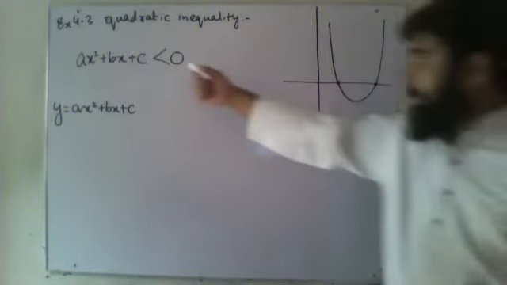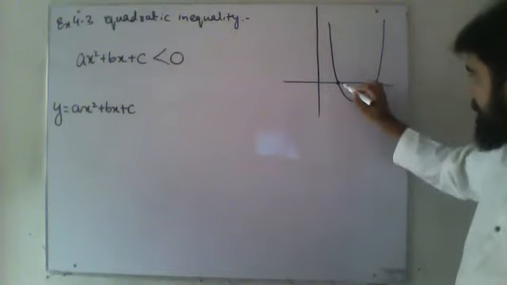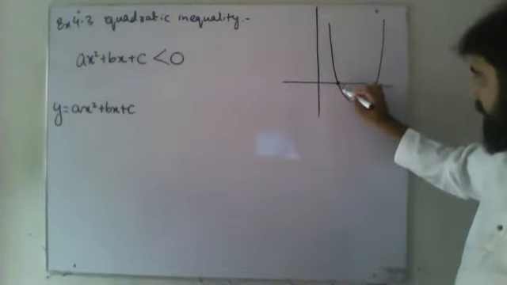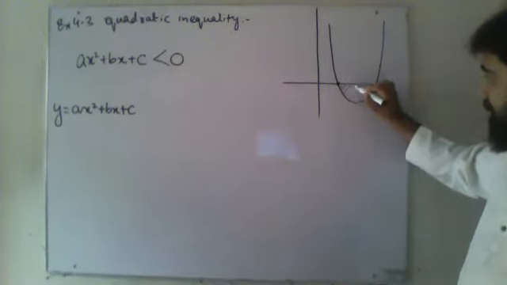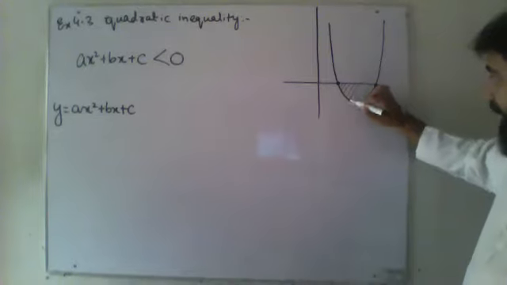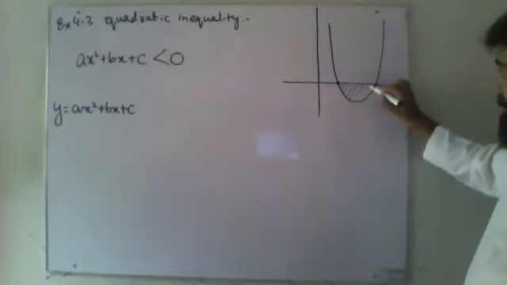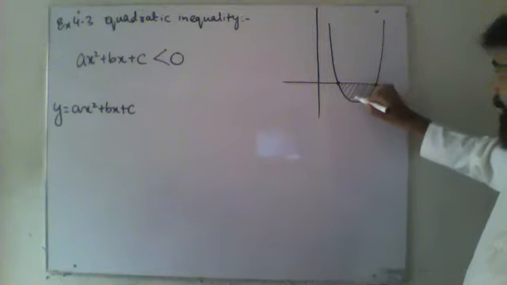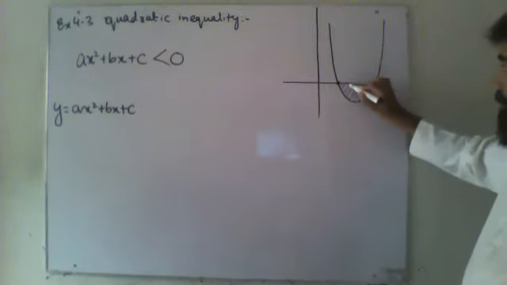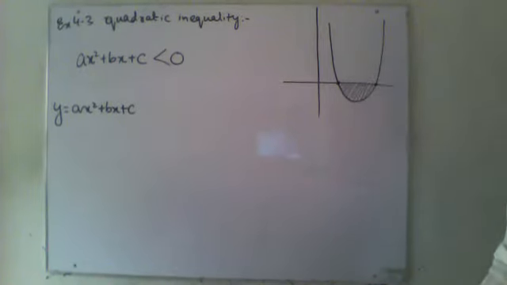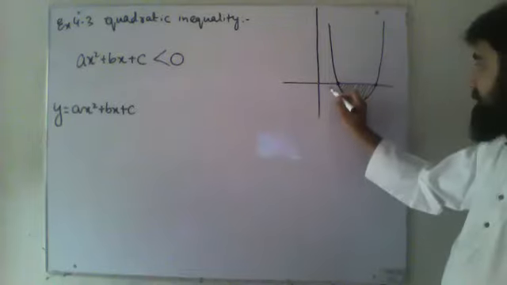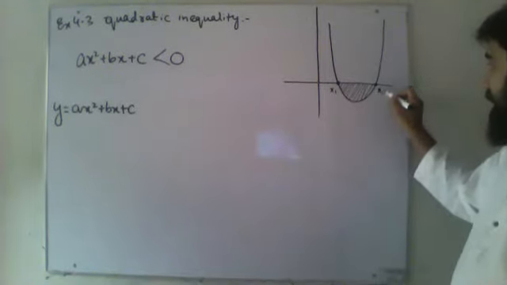So when they are saying lesser than 0, it means everything between the curve and the x-axis will be marked. Right? Now, for instance, this is x1 and this is x2.